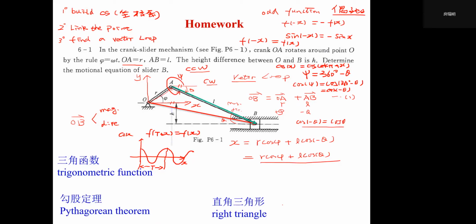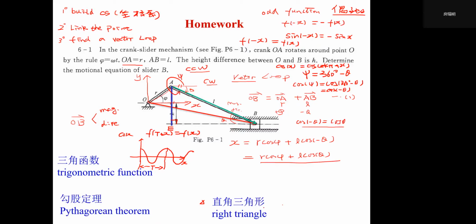Actually, I drew another added line. You see, this should be perpendicular to this horizontal line, right? We got a right triangle. Let's say this point is point E. So AEB will be a right triangle.